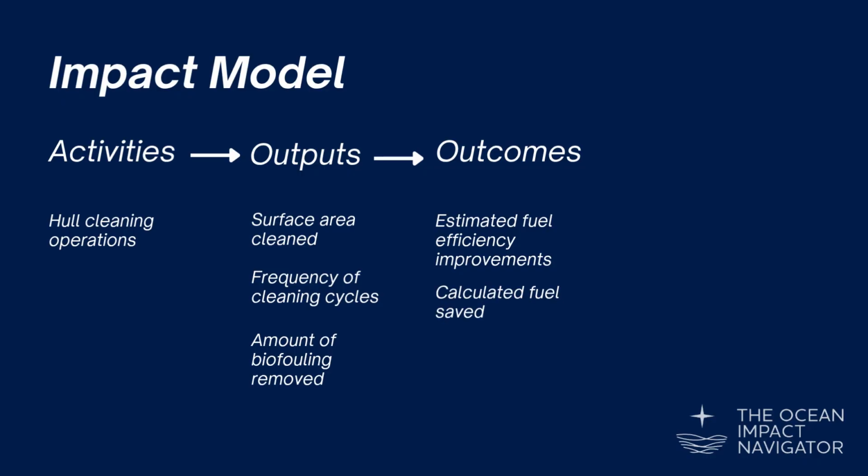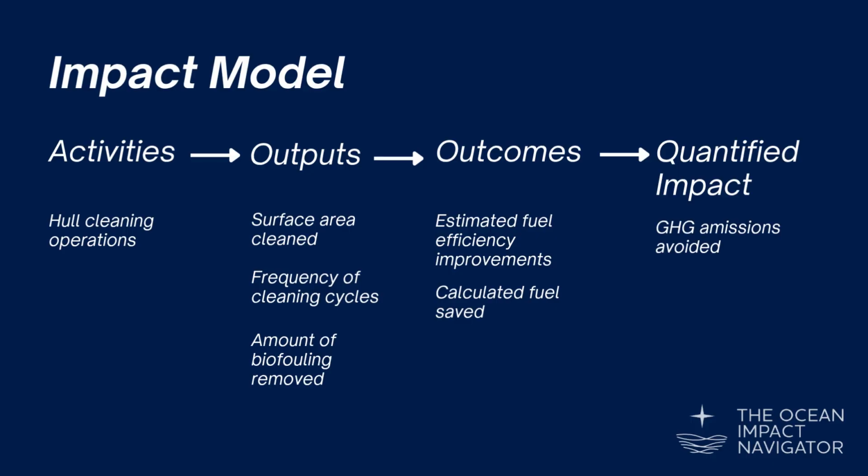Fuel saved is typically not directly measured in isolation from other factors, so it must be calculated using engineering assumptions, performance data, and reference coefficients. Finally, at the impact level, we translate fuel savings into greenhouse gas emissions avoided using appropriate emission factors.